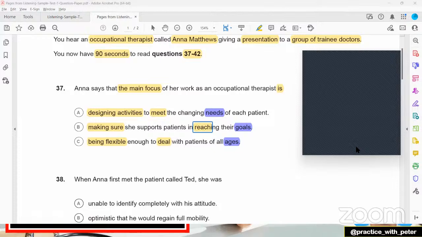Okay. Next one is need. Demands, requirements, expectations, wants.